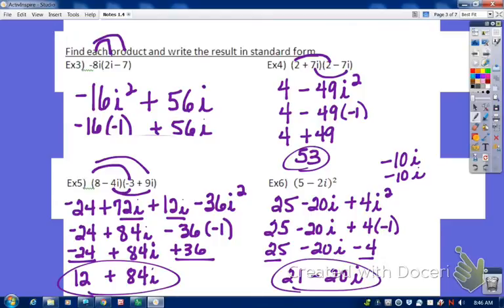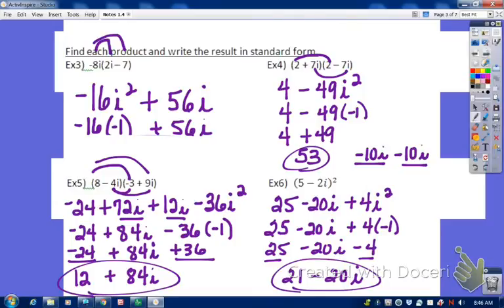Her question was, why would it not be plus 20i? If you multiplied out the long way, you would have a minus 10i and a minus 10i, and those are both negative. When combining, if the signs are the same, you add and you keep the sign.